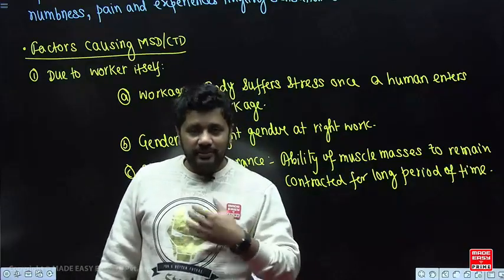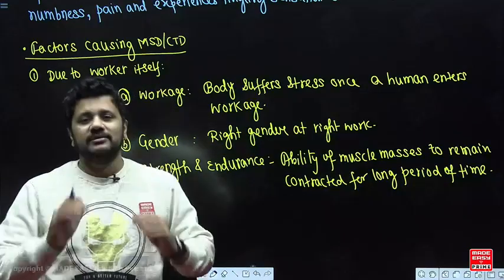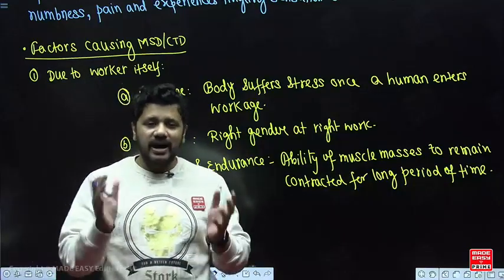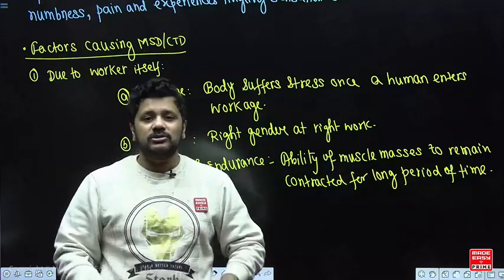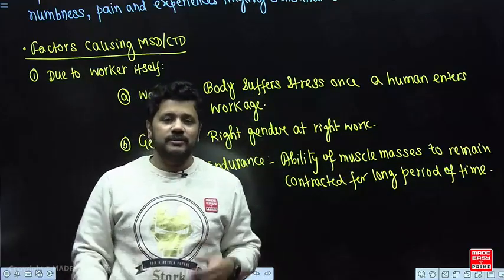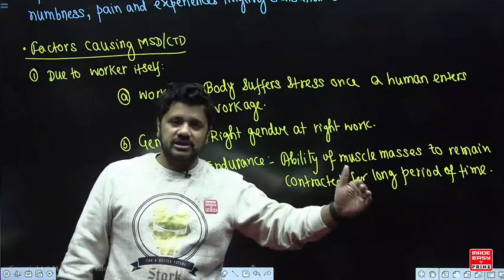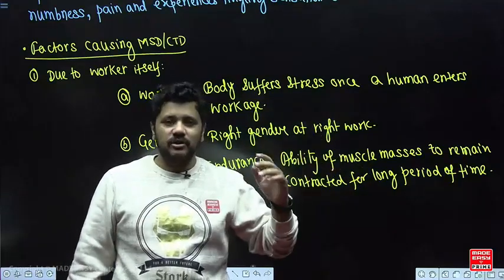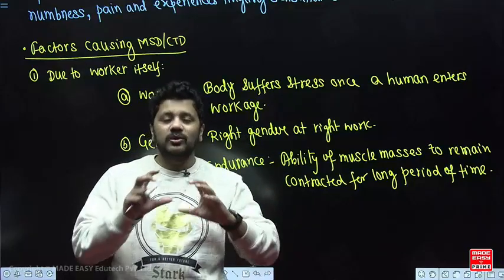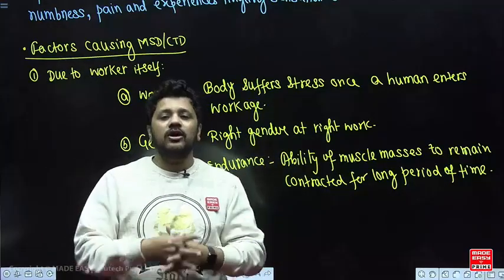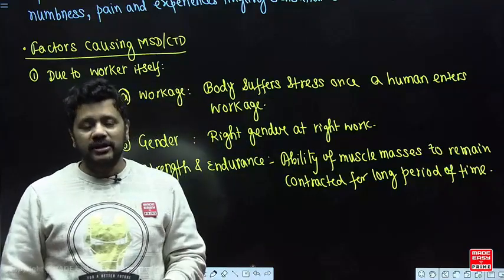Because when suppose I am standing here, so that means the muscle around my leg, right, so my calf muscles and these muscles are contracted around the bone so that it is giving my full support. But as I grow older, when I touch age of 60 years, 65 years, what will happen? The muscle masses will be weakened, so it cannot contract for longer period of time around the bone so that it can support my whole body weight.